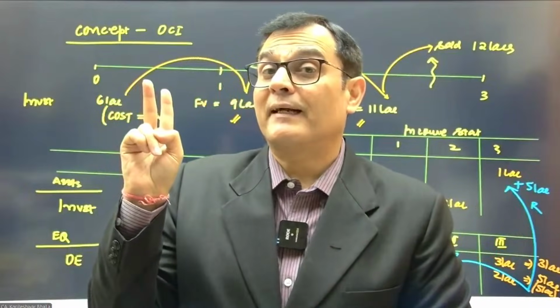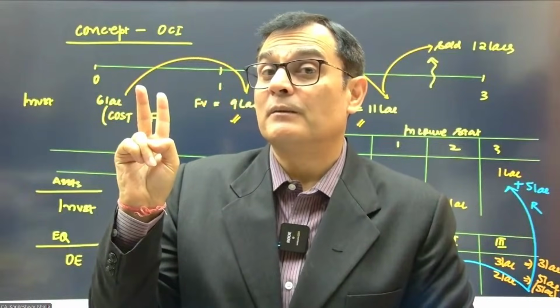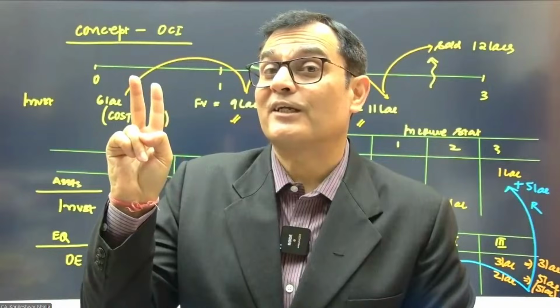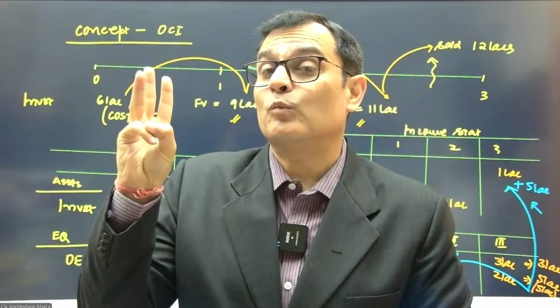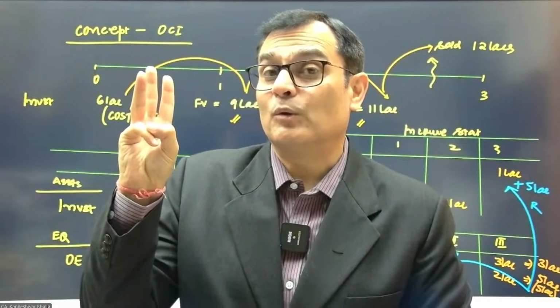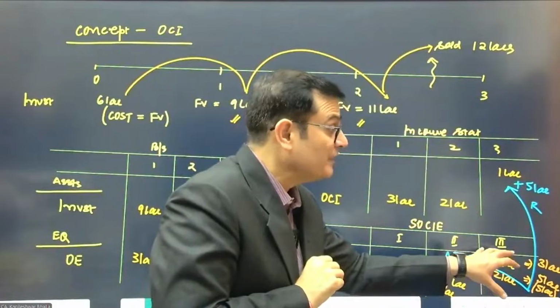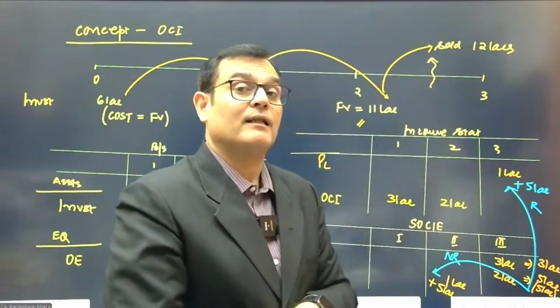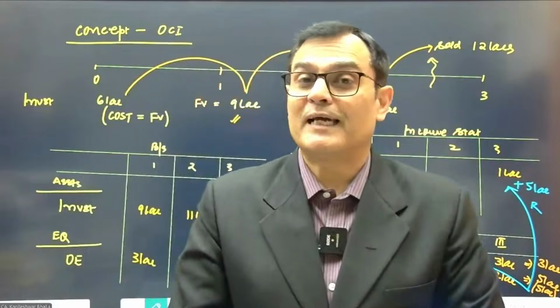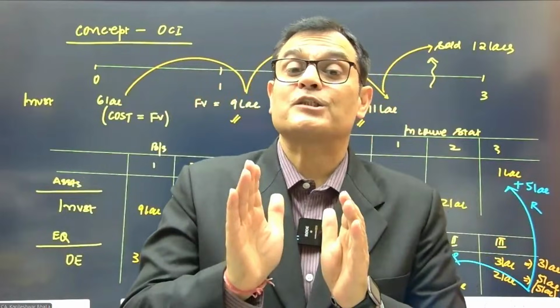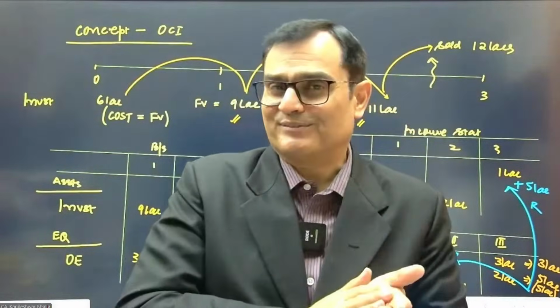So it does not impact the EPS when it is unrealized, but it impacts the EPS when it gets realized. Once the investment is sold, the amount in tab 3 is reclassified in the P&L. It's not directly shifted to tab number 2, but it is transferred to the profit and loss account.